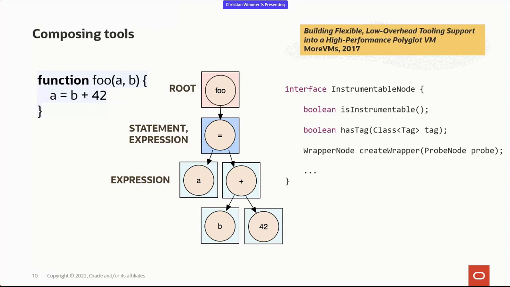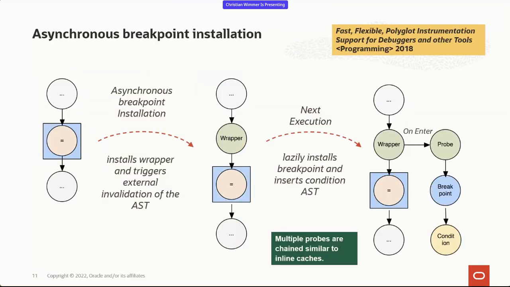But when writing your interpreter, you don't need to do much. You just need to make sure that you correctly tag your nodes and say, in my language, this node is a statement, and this node is an expression. As long as you do that, all of the tools just work out of the box.